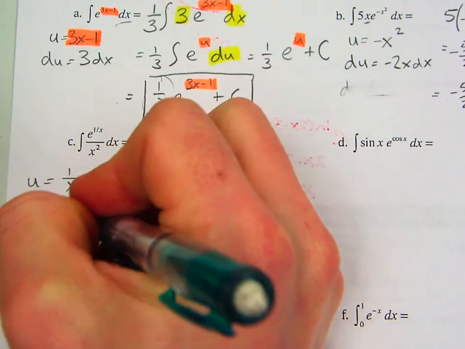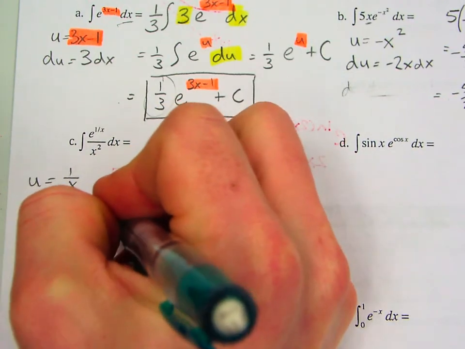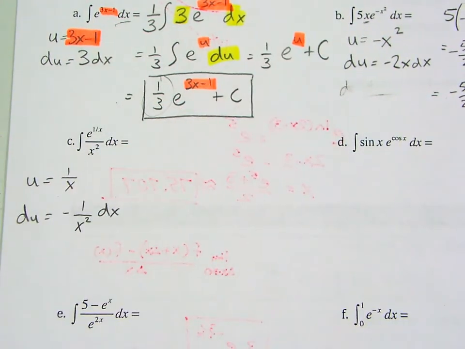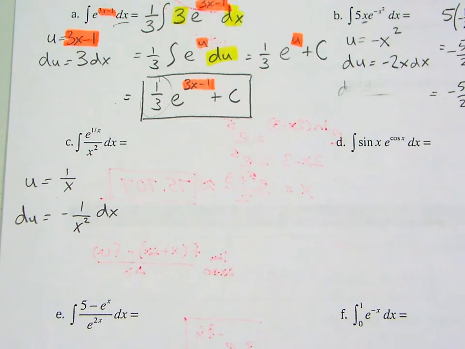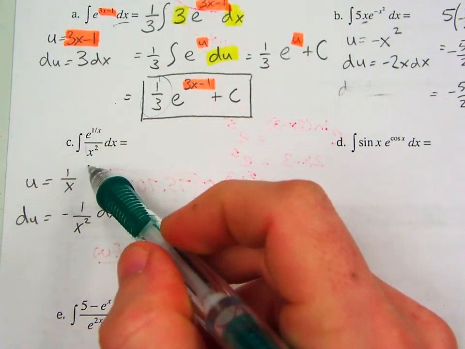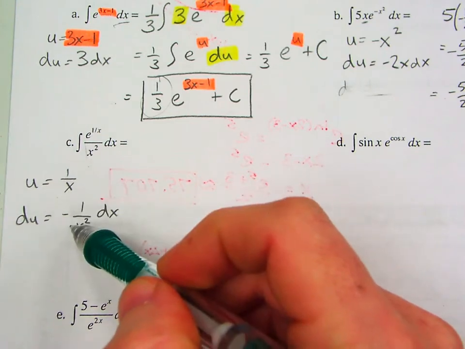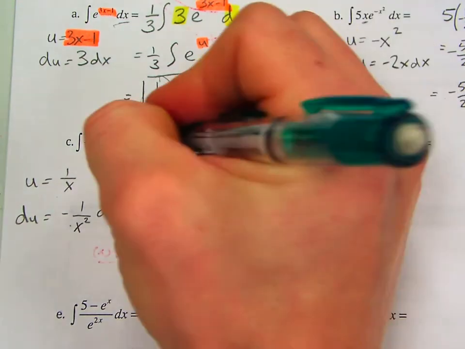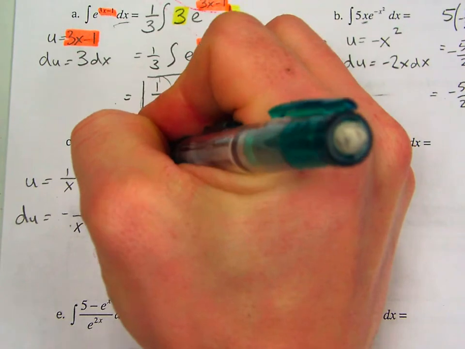And so we have negative 1/x squared dx. And so in my integral I can see 1/x squared, but I don't see the negative. Okay. So we're going to have to add the negative on the outside and on the inside.